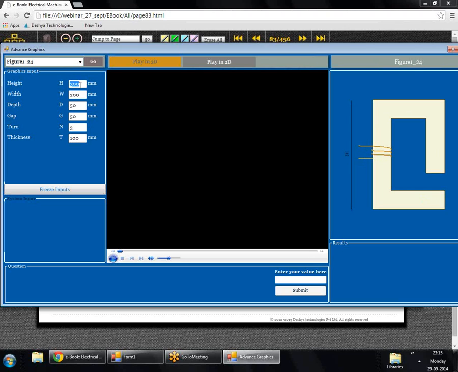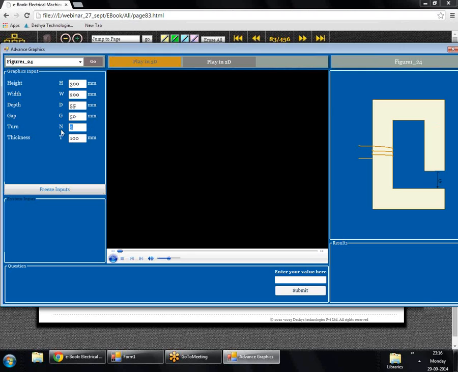We can change the dimensions of this core. I can enter a value of 310 millimeter instead of the default 300 millimeter value, and you can see my core changed its dimension immediately. I'll go back to the previous value. I can change the depth of the core, so instead of 50 I can make it 55 millimeter, and you see the core gets wider.